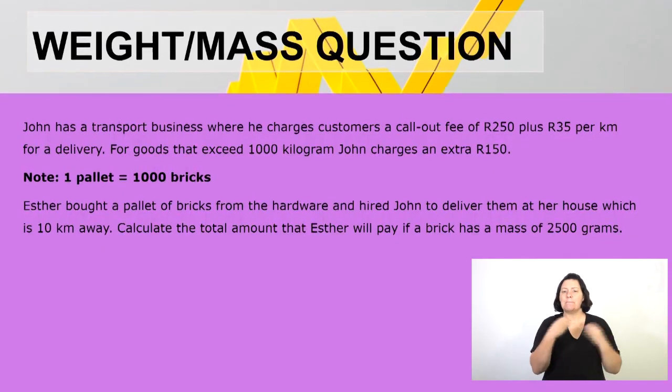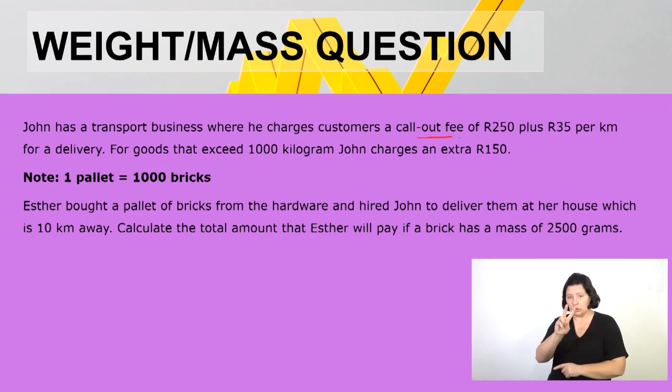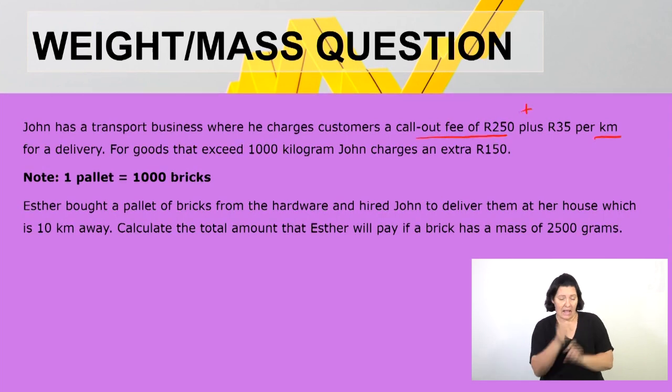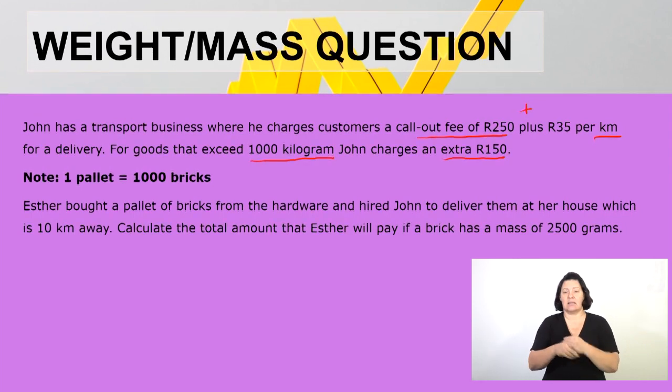John has a transport business where he charges customers a call-out fee of 250 plus 35 rand per kilometer for delivery. For goods that exceed 1,000 kilograms, John charges an extra 150. Note that one pallet is equal to 1,000 bricks.